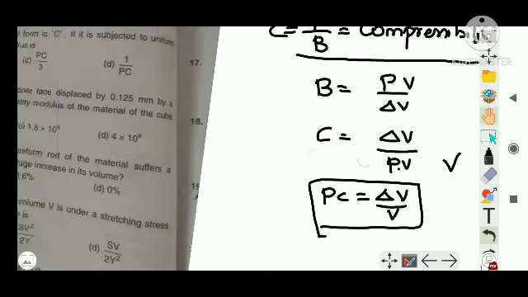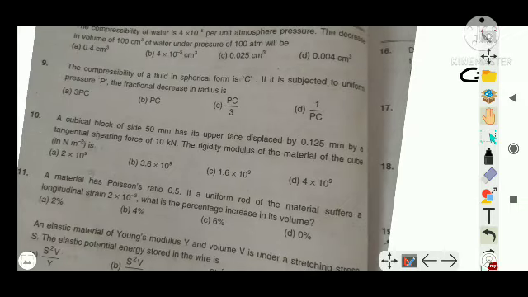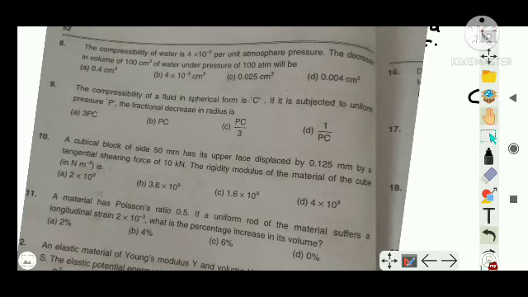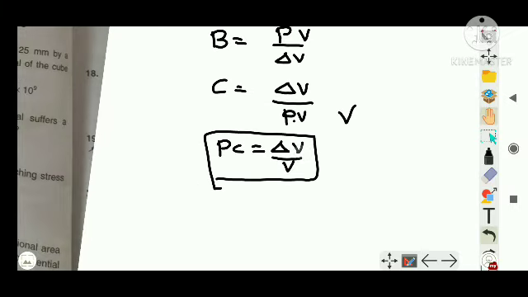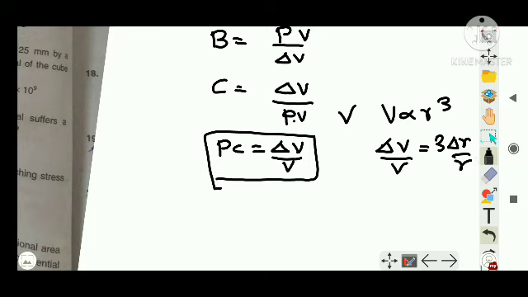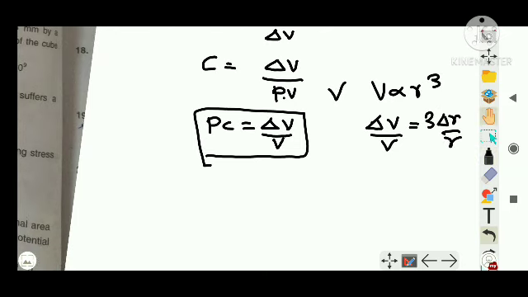Volume is directly proportional to R cube, right? So delta V by V is just like our relative error in the case of volume. Volume is proportional to R cube, so delta V by V will be equal to 3 into delta R by R, right? That is how you have dealt with it in the first chapter.